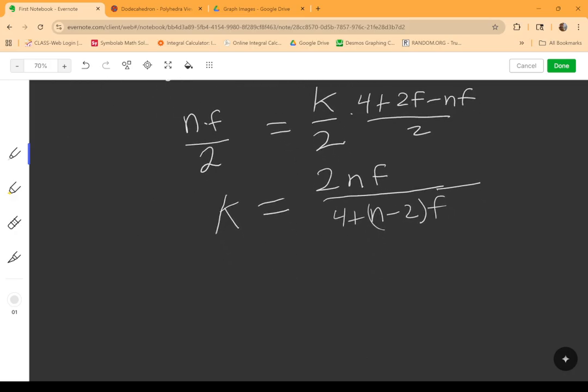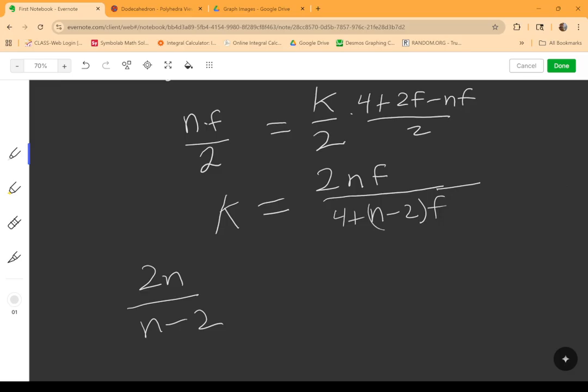So as we see here, what's going to guide the degree of this is 2n over n minus 2. Right. Okay, and then we see here that as the n-gon gets larger and larger, this is going to 2, no matter how many faces there are.